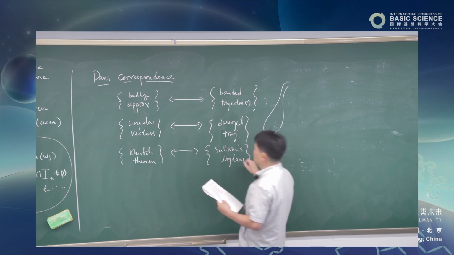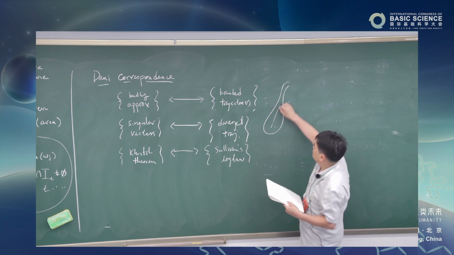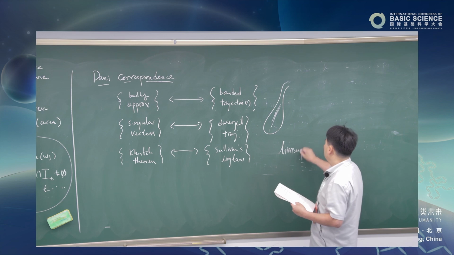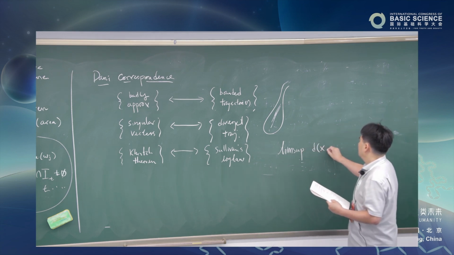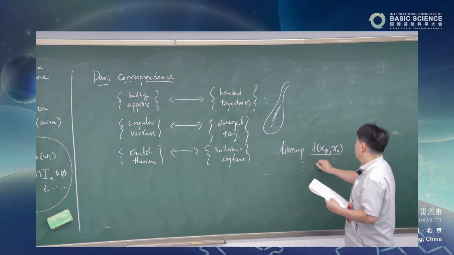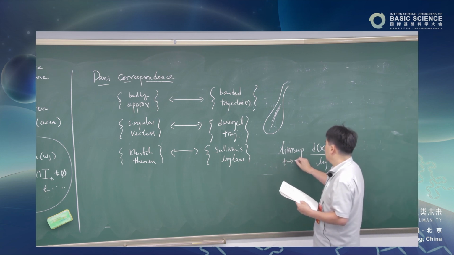Sullivan wrote an influential paper in the 80s, and you can measure the limsup of the distance at time t from your initial point, divided by log t, as t goes to infinity.